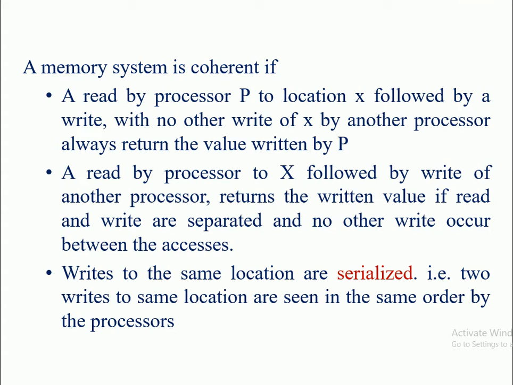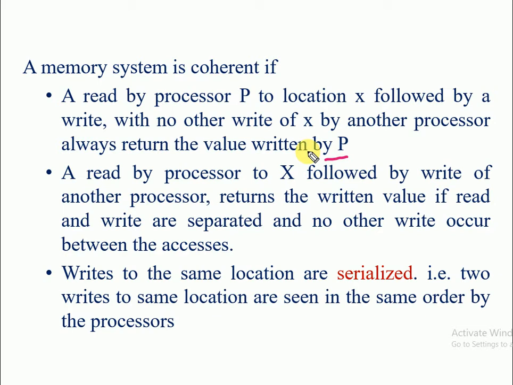Now we can define a memory system as coherent if a read by processor P to location X, followed by a write by P to X with no other write of X by another processor in between, always returns the value written by P. Okay, so you can imagine the situation, a read by processor P to location X, as we have seen in the previous example, followed by a write.